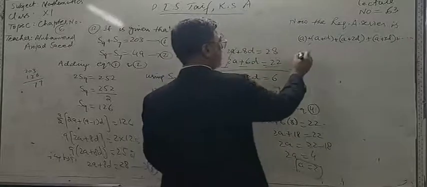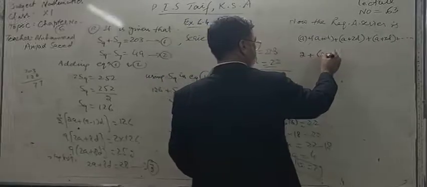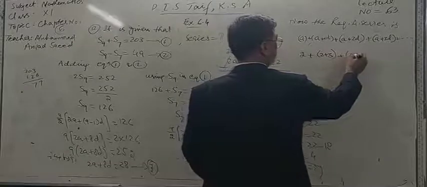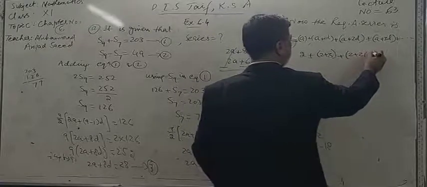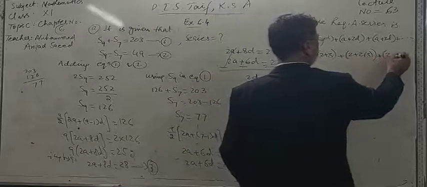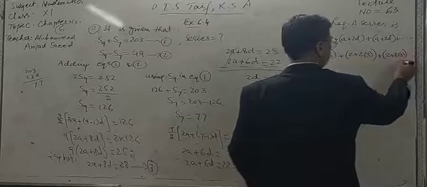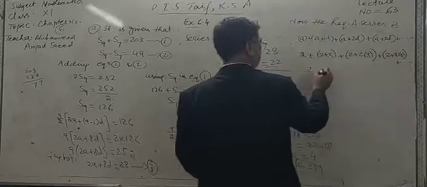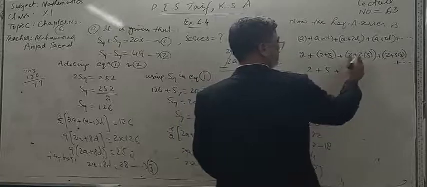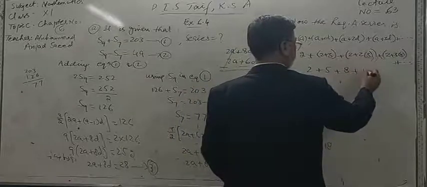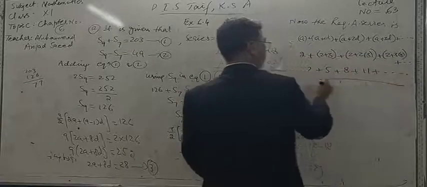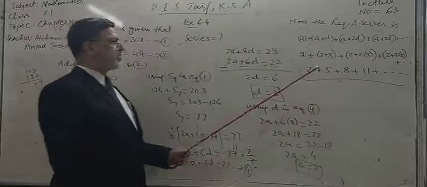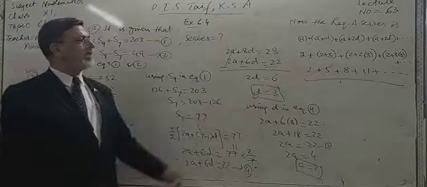Here it is 2, 2 plus 3, 2 plus 2 into 3, 2 plus 3 into 3, and so on. That is 2, 5, 8, 11 and so on. Dear students, this is your required arithmetic series.